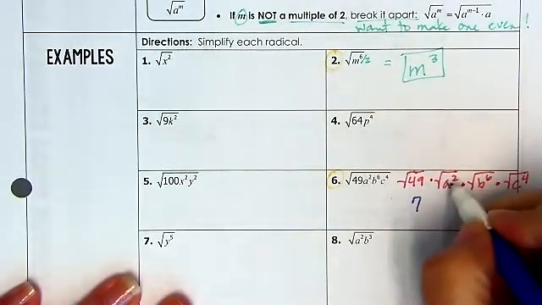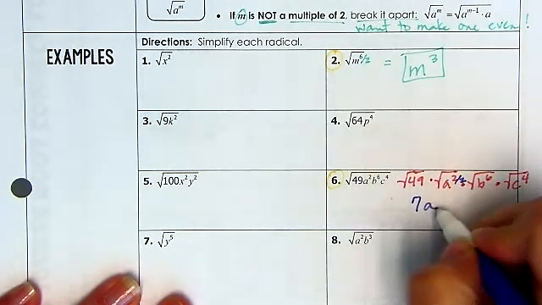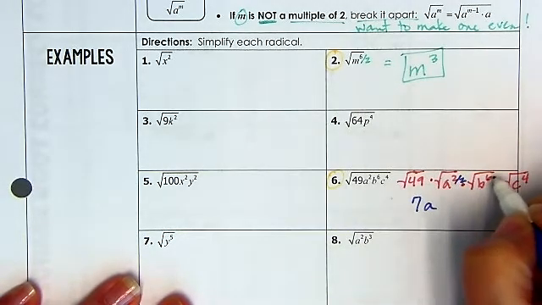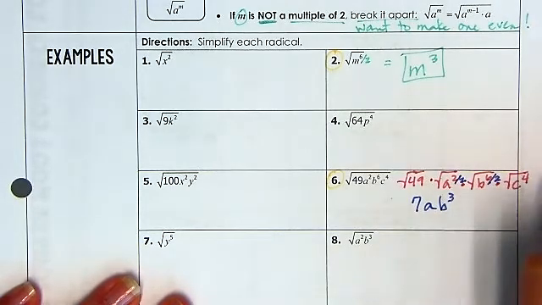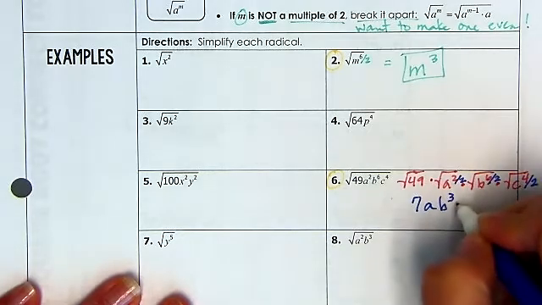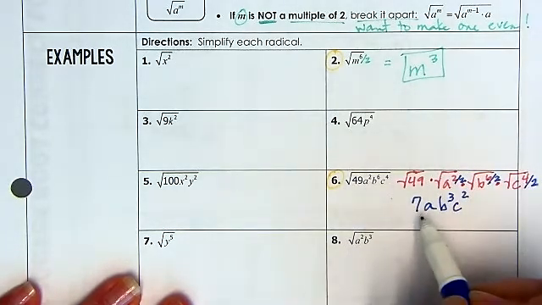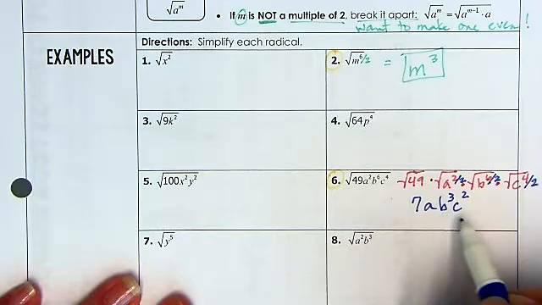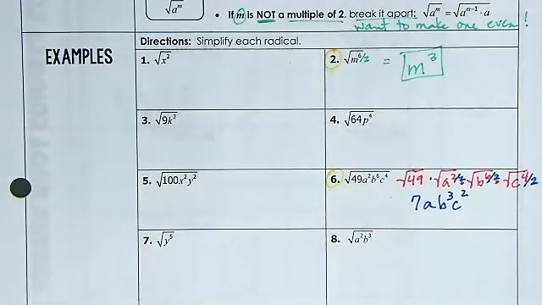The square root of a squared, I divide by 2, so that's just a. B to the 6th, divide by 2, becomes b to the 3rd. C to the 4th, I divide by 2 because that's even, so that becomes c squared. So when I simplify this, my answer is 7ab to the 3rd c squared.